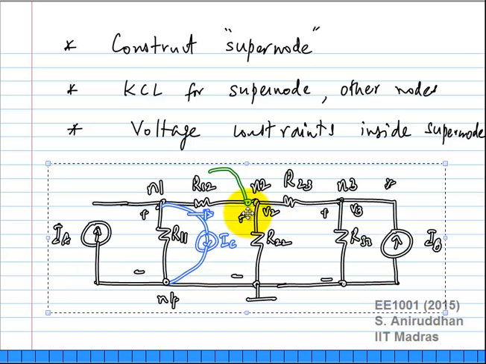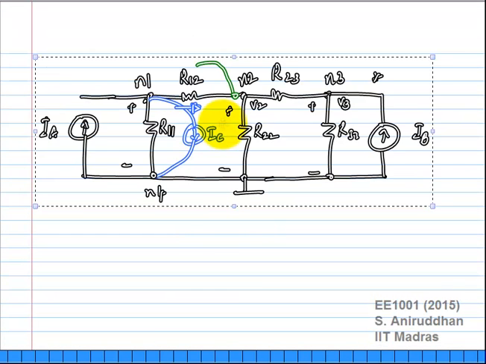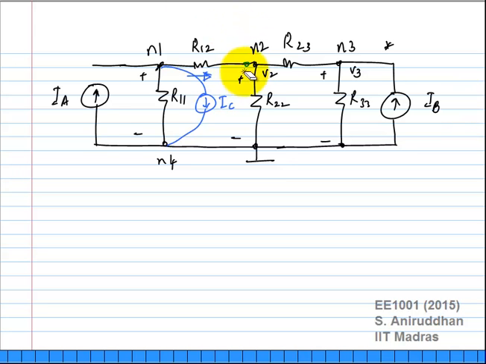Now suppose I take this guy. Let me get rid of some of these modifications. V1, V2, V3. Now what would have happened if I had the voltage source here, like this?